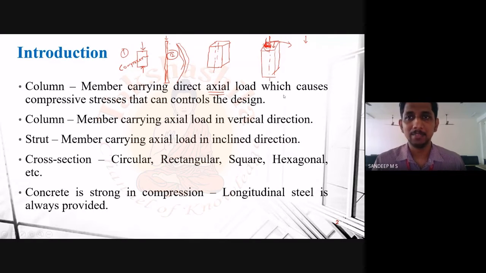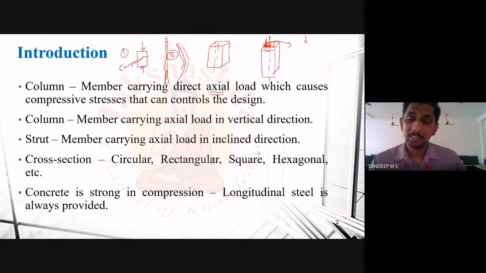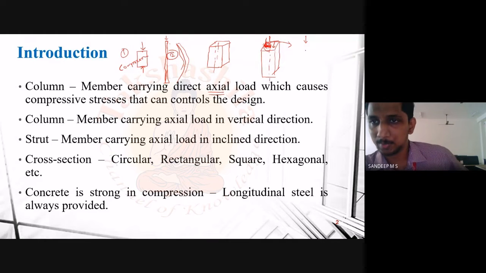But the thing is that when we have the effect of buckling, that is, when we have some sort of bending in that, what will happen? The tensile stress will come into the picture. So in that case, there can be some sort of tensile force generated. Okay, so also there is another possibility that, say, when we have a column like this and we just compress it like this, there is a chance of it bulging like this also.